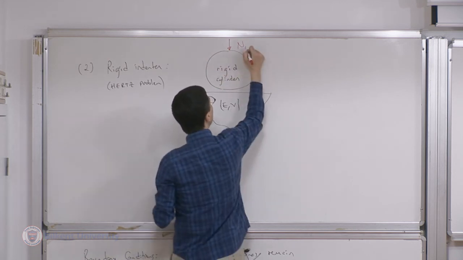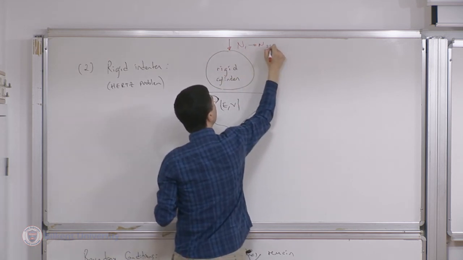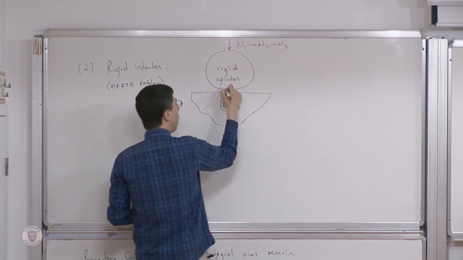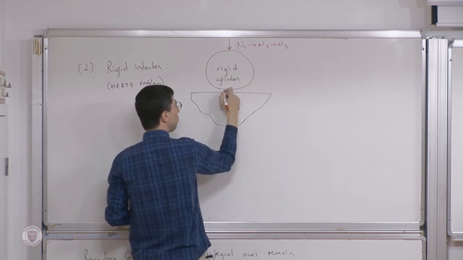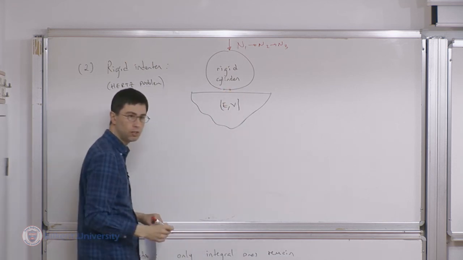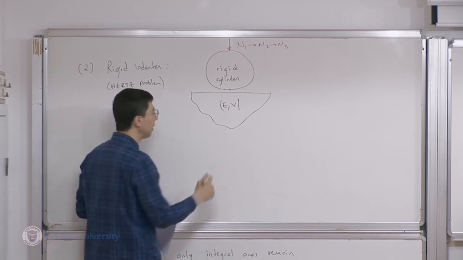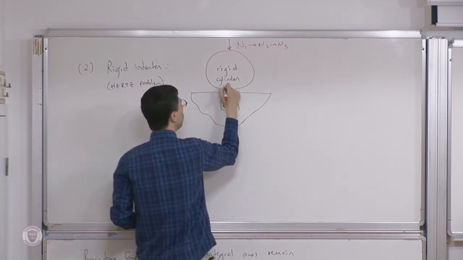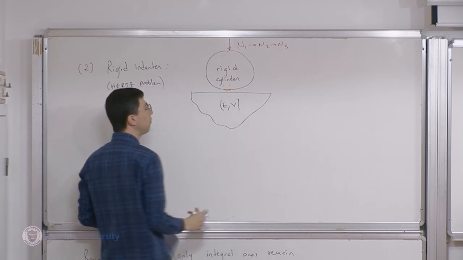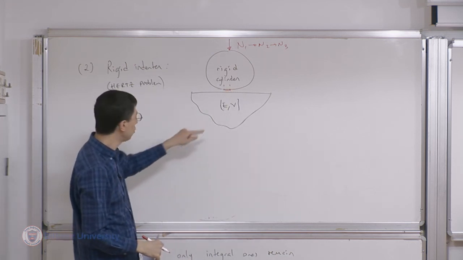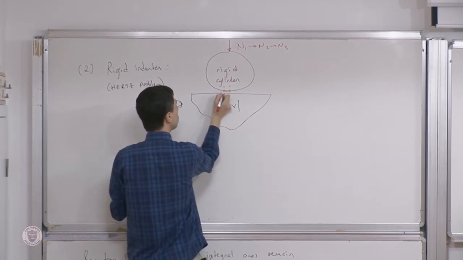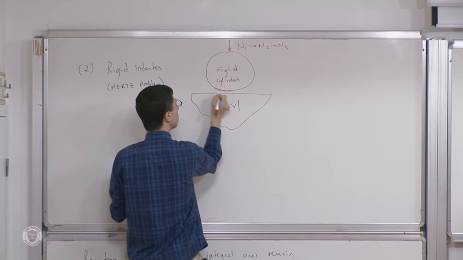Now I will increase the force, let's say, from N1 to N2 to N3. When the force is small, this thing will indent the surface, and a portion of the cylinder will come into contact with the elastic half space. Let me call this 1 to 1. This is the region of the cylinder that is going to come into contact with this deformable body at force N1. If I increase the force, that region will increase.